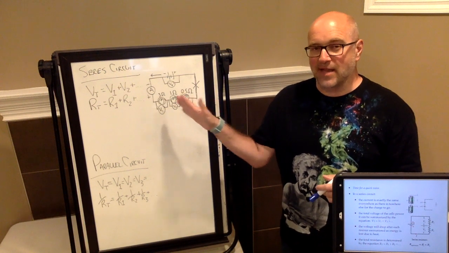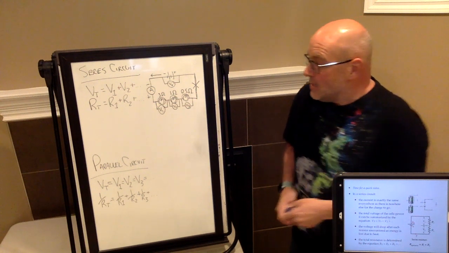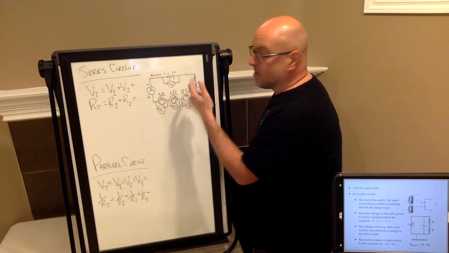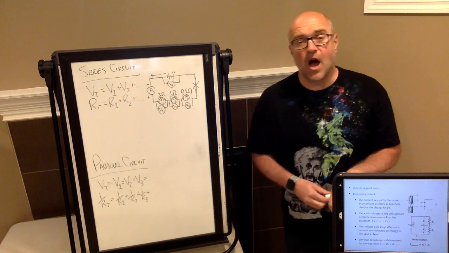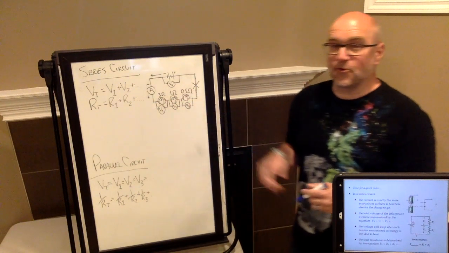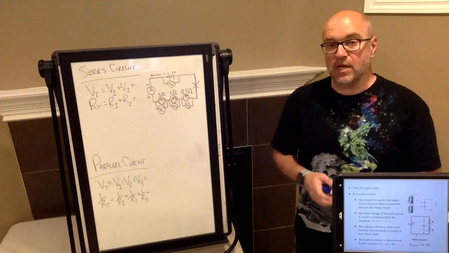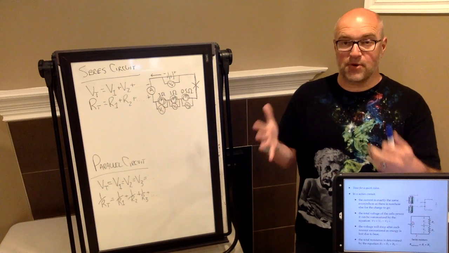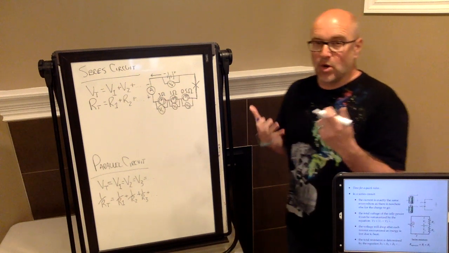In this case, those are the actual numbers that were given to me on the circuit. If I go 3 plus 1 plus 0.5, I am going to have a total resistance of 4.5 ohms. All I have to do is add up my 3 load resistors to calculate the total amount of resistance.